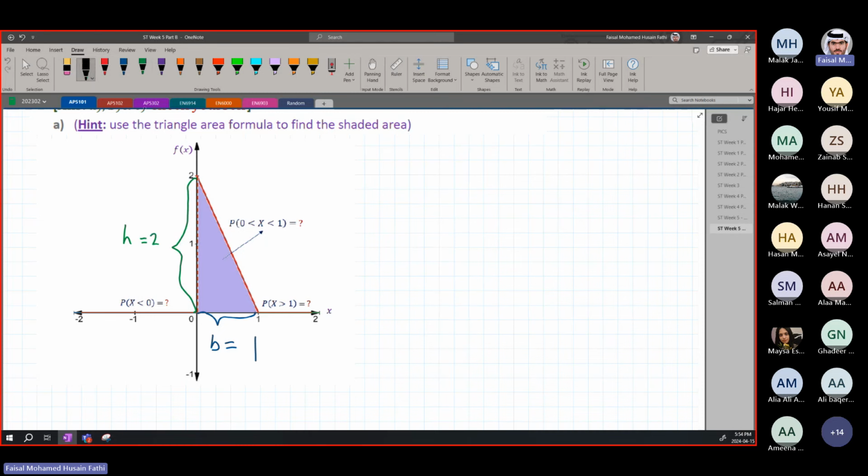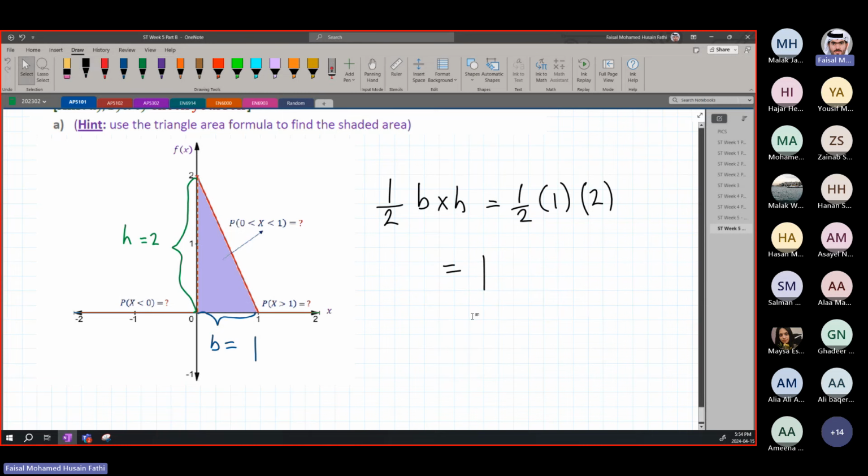So we just apply half base times height, the area of a triangle. The base is 1, height is 2, so the 2 and 2 cancel, it's just equal to 1. So this is your answer, the probability, which is 1, which is also equal to the area of this triangle.